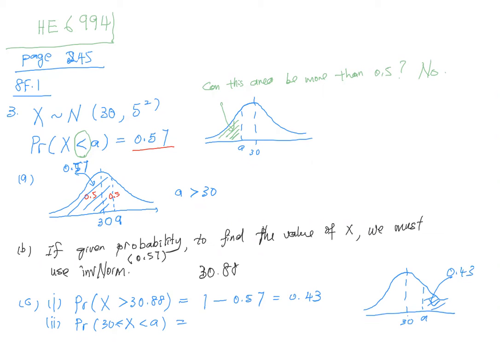So can you tell me how to get this area? Take 0.57 minus 0.5. Why 0.57? Because you're taking the area of A minus the area of 30 to find the area in between. So if I use 0.43, can I just use 0.5 minus 0.43?